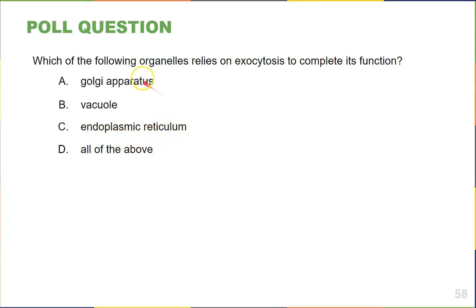That endoplasmic reticulum goes to the Golgi. The Golgi uses endocytosis to take it in, and then it packages it, uses exocytosis to take it out, and then that's a vacuole, and then that vacuole will go to the cell membrane to complete its function, or to another organelle.